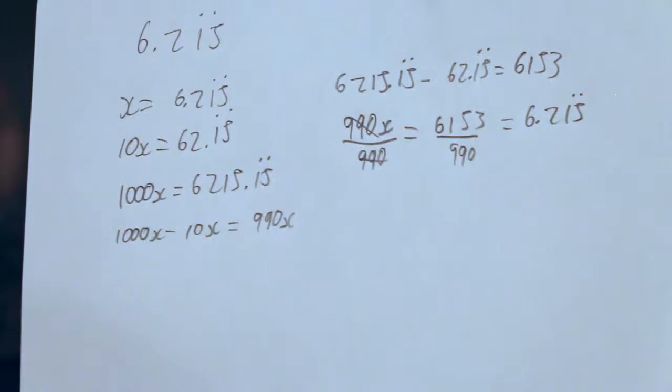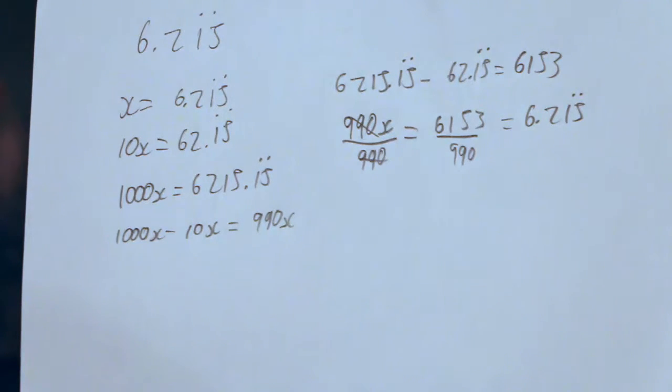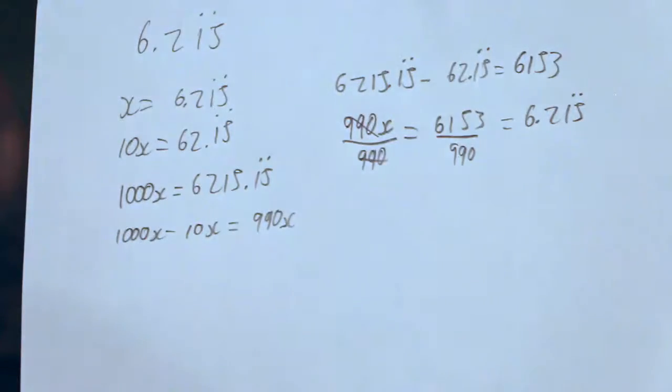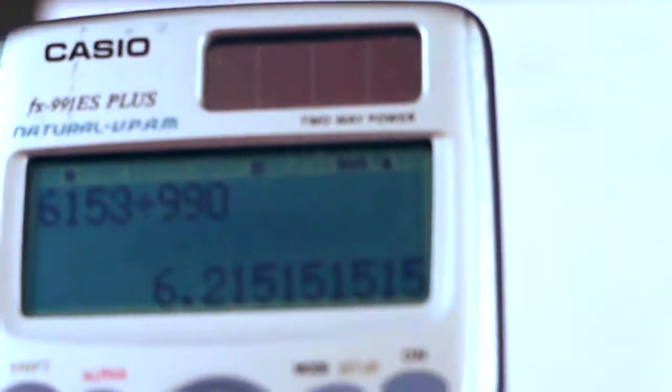So 990x over 990 equals 6,153 over 990, and that gives us 6.2151515 recurring. Let me plug that into my calculator. 6153, sorry. 6153 divided by 990 equals 6.215 recurring.